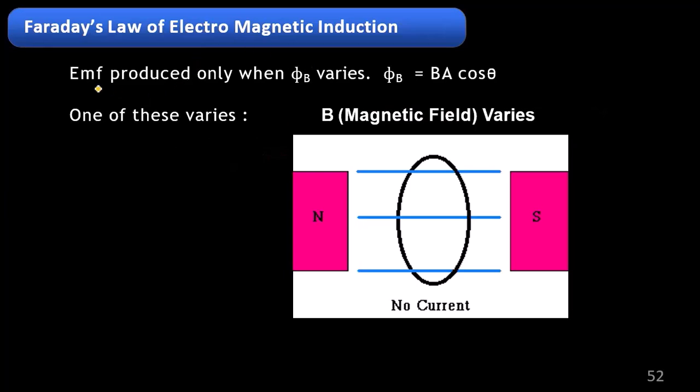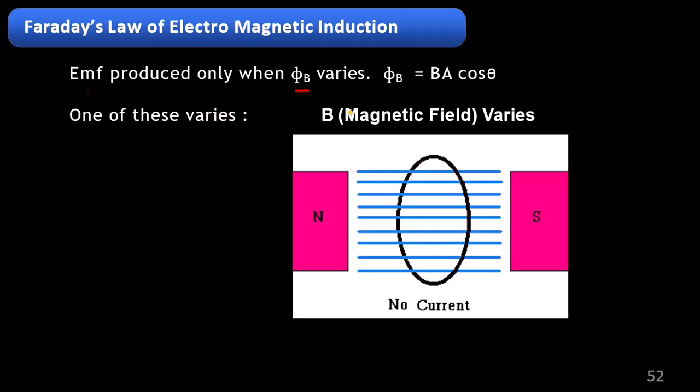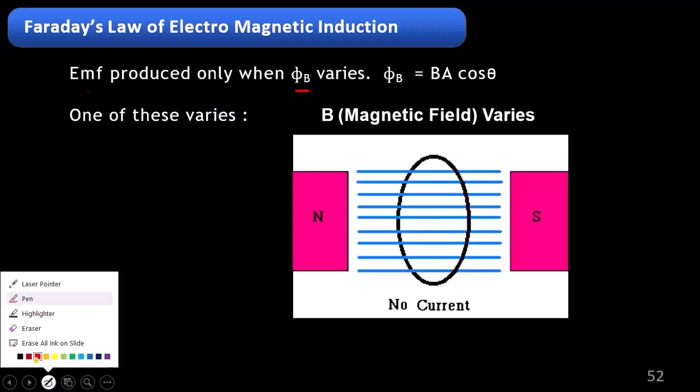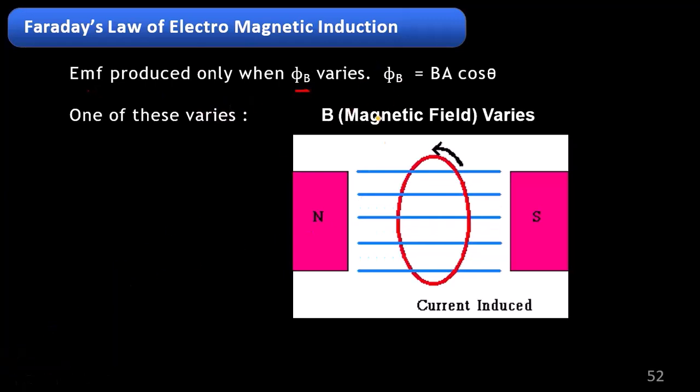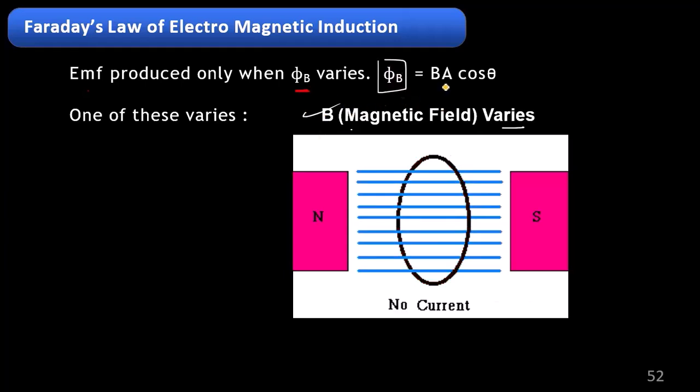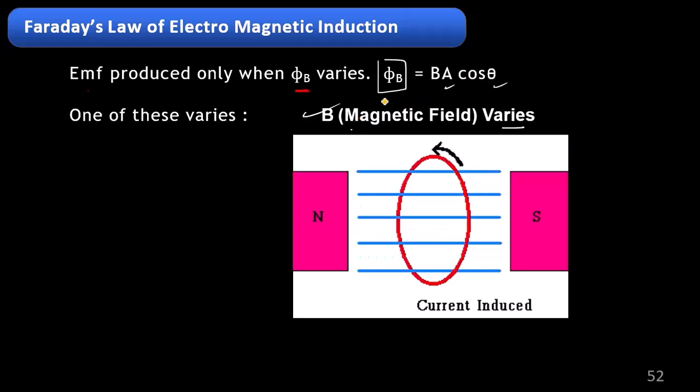So EMF will be produced only when φB varies. In order to change φB, either I can change the B, or I can change the A, or I can change the θ. By changing any one of these parameters, you can ensure that the flux is going to change.